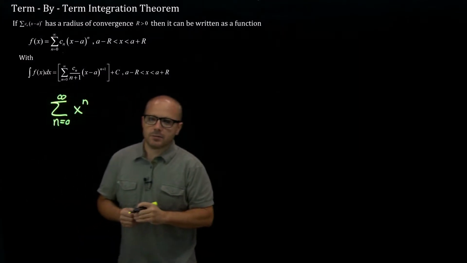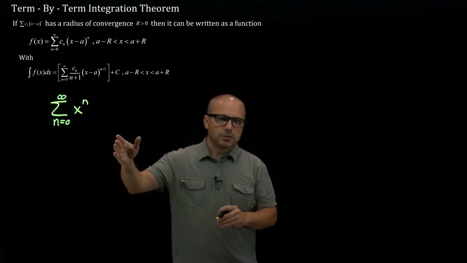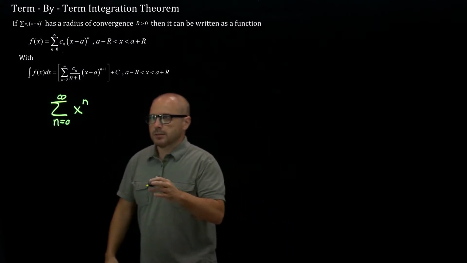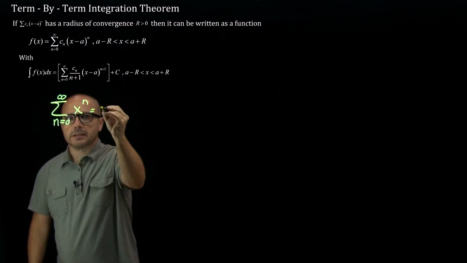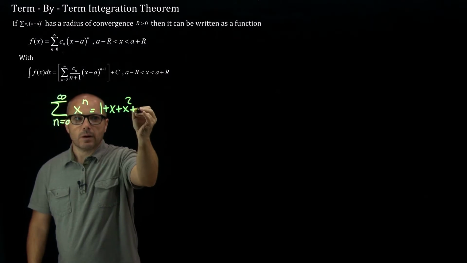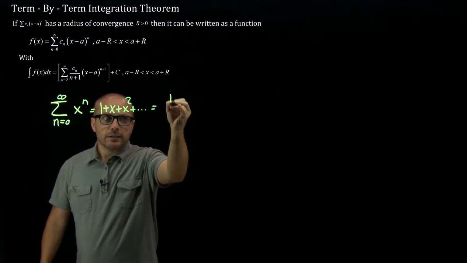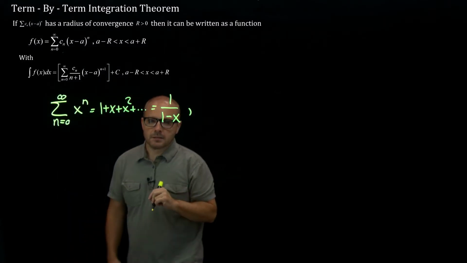To remind you, what was nice about that is it's geometric. Not all power series are, but that one's geometric, so we knew this thing, which is 1 plus x plus x squared and so on, is actually equal to that.